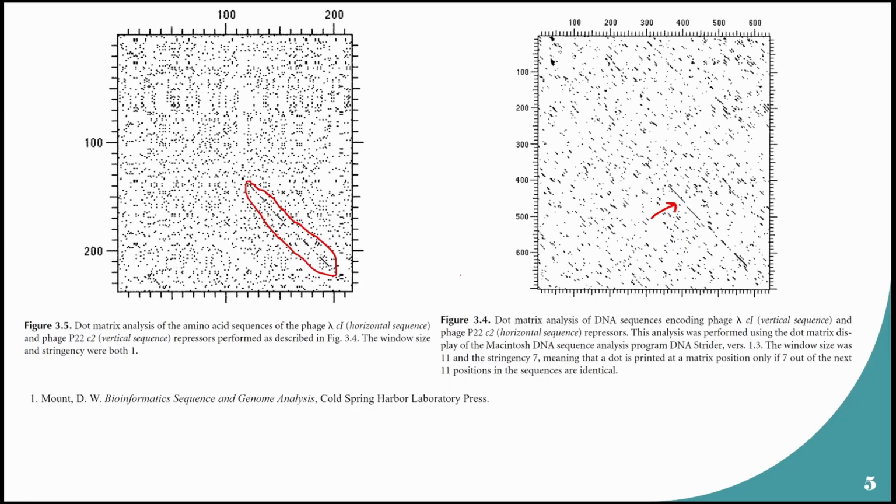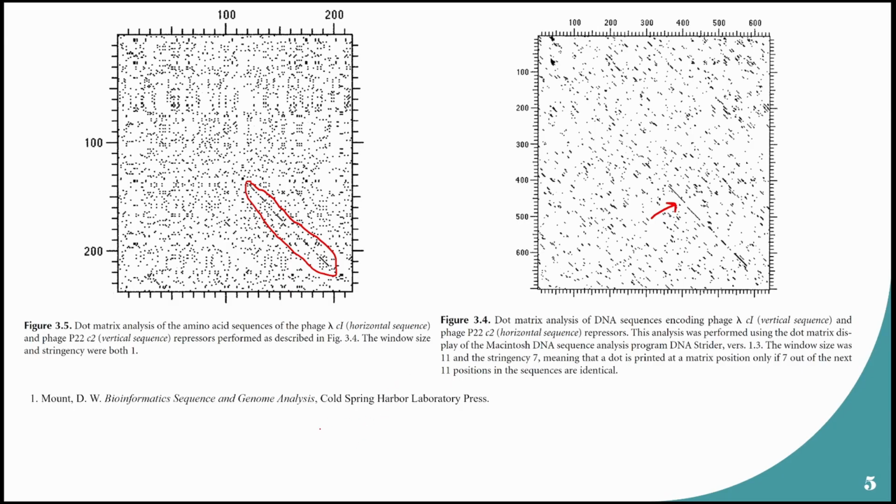So can anybody tell me, let's say we are comparing the same length of protein sequence versus protein sequence, as well as nucleic acid sequence or DNA sequence versus DNA sequence, right?